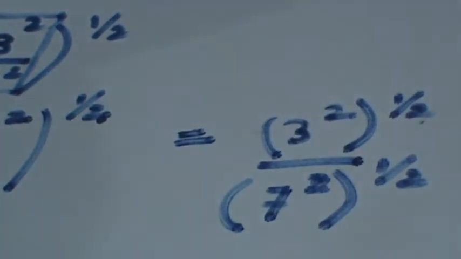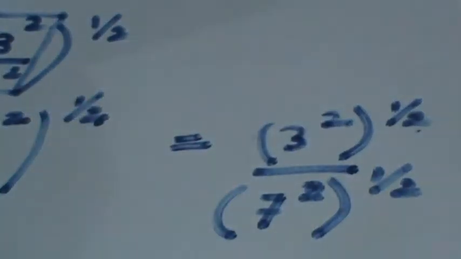So 3 squared to the power half is again 2 times half is 1, and 2 times half is 1. So 3 to the power 1 is 3, and 7 to the power 1 is 7. So again you will get the same result, but it's another way of doing it.